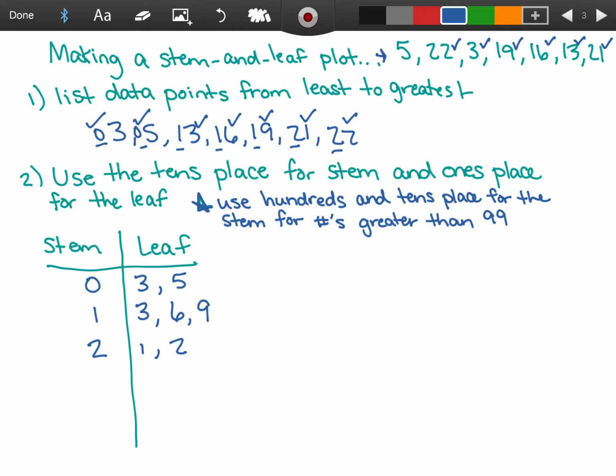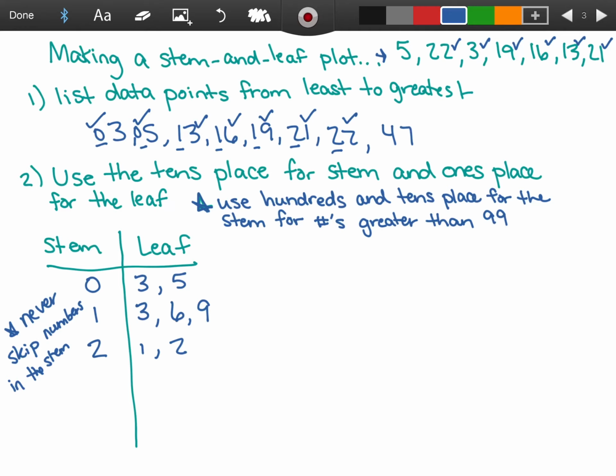Now it's important to remember that if you're making your own stem and leaf plot, you never skip numbers in the stem. Okay, so let's say we added a 47 to our data set, and we need to list that.